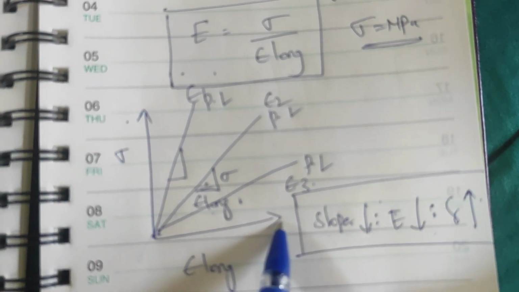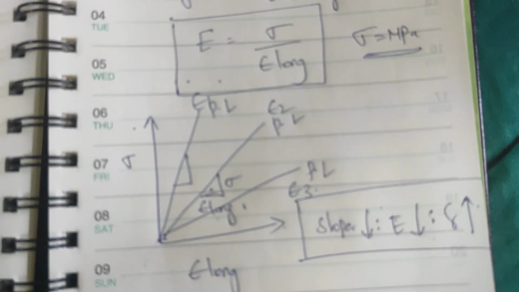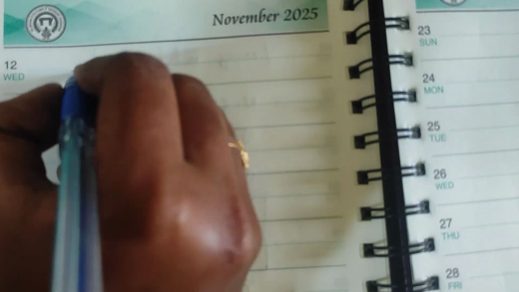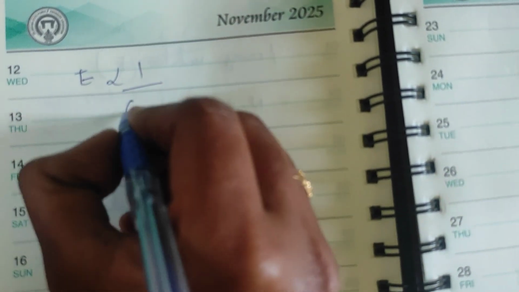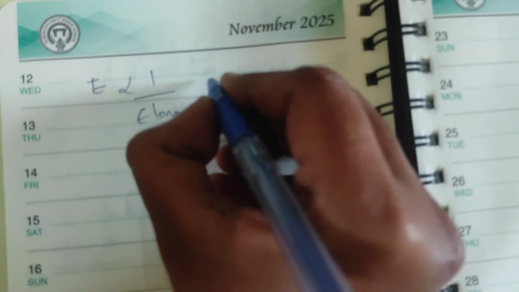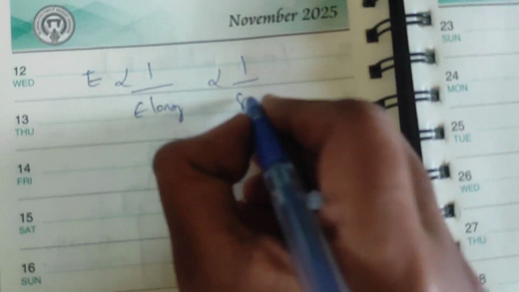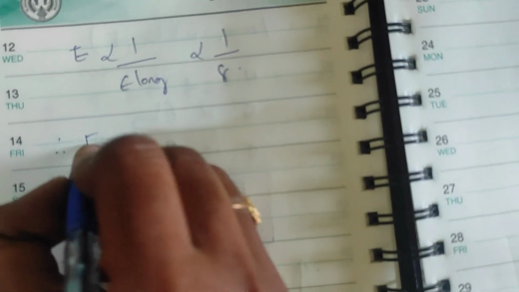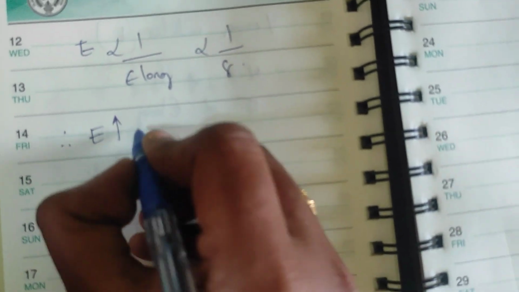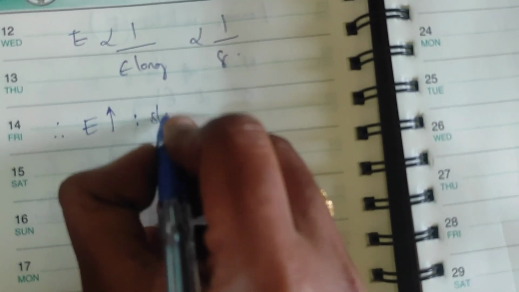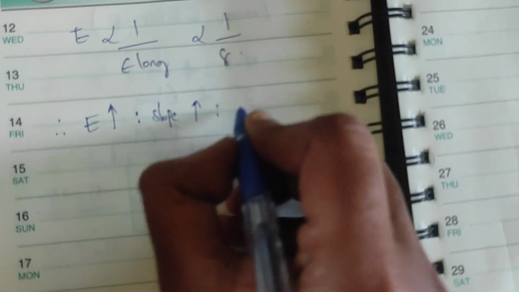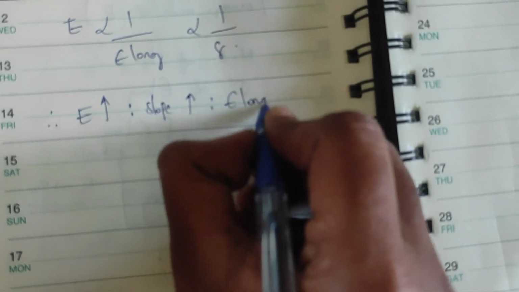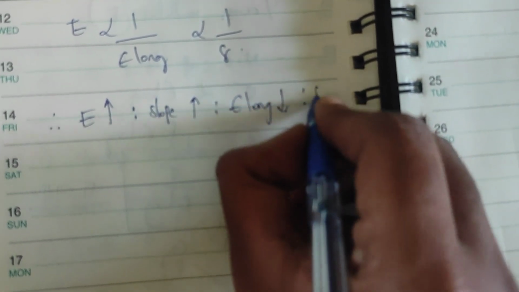For a given value, E is directly proportional to 1 by E longitudinal. Young's modulus increases, slope increases, and strain decreases, deflection decreases. Understand?